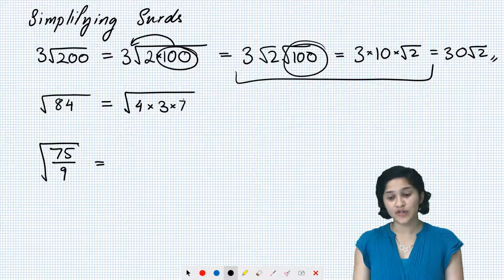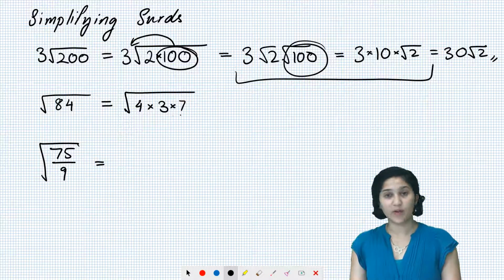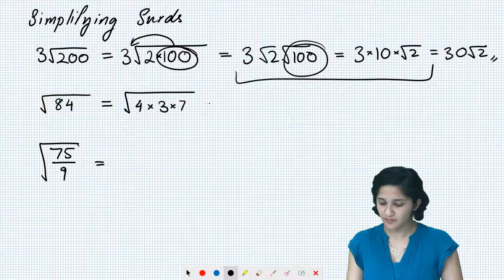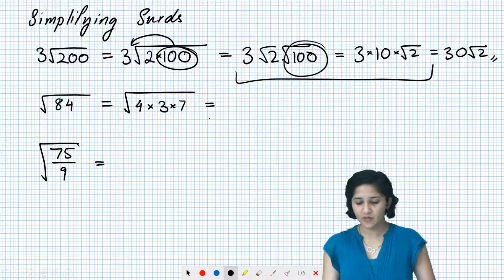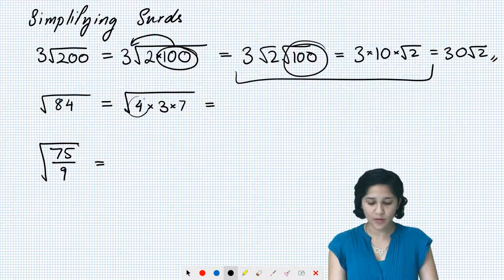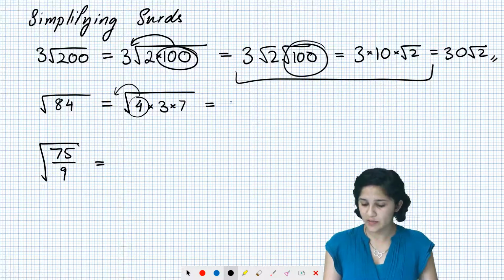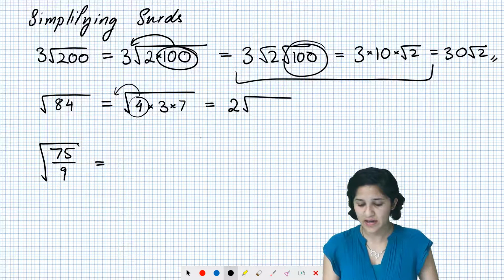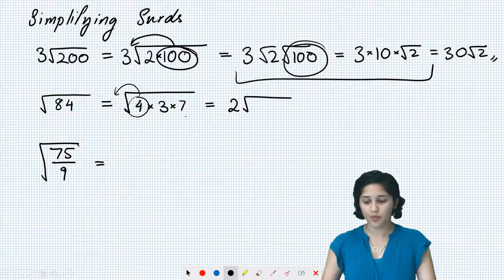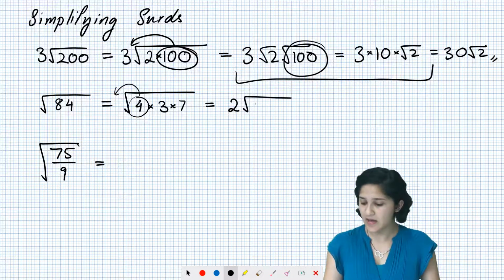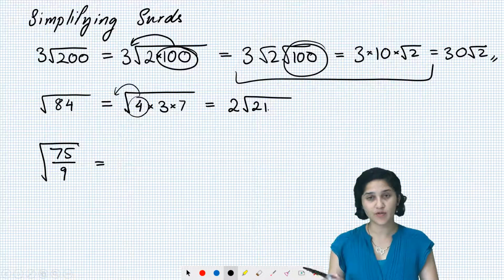But since neither of those are perfect squares, we'll end up recombining them. So now we go through and say this 4 comes out of the square root as the square root of 4. So we end up with 2 on the outside. And then 3 times 7, since there's no more perfect squares, we just multiply them again. And we get 21. So 2 root 21.